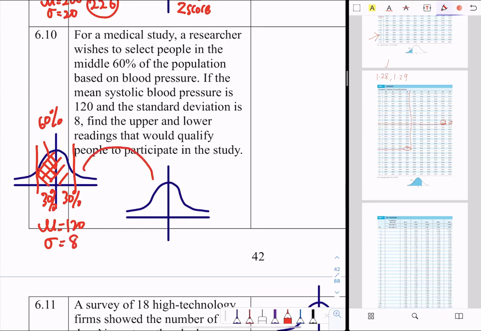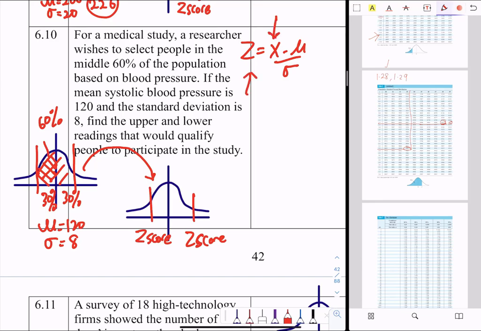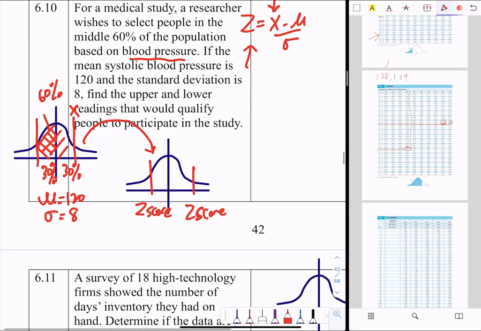Then you need to manipulate your understanding so that you can find the Z score, below and above the 0. Using the formula x minus mean divided by standard deviation, you will find the Z score. Then insert it into the formula and you can find the x value. What is the x value for the upper reading and the lower reading for the blood pressure? That's how to do it.